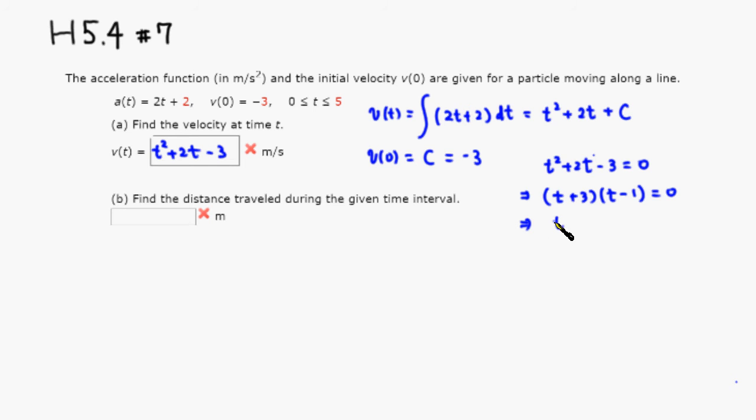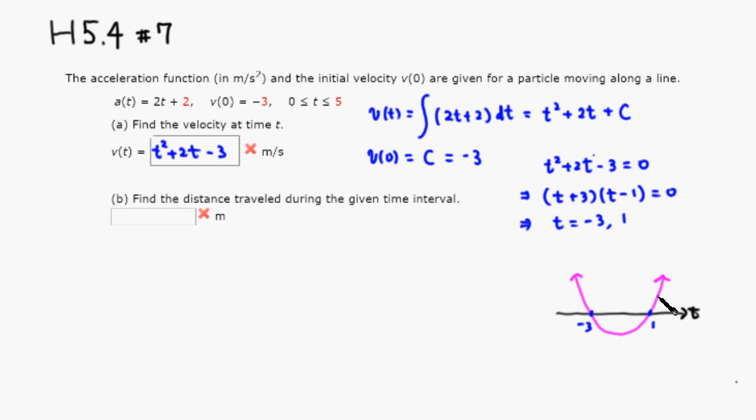So the t-intercepts are negative 3 and 1. This is a parabola facing up, so the graph is going to look like this, with t-intercepts at negative 3 and positive 1.